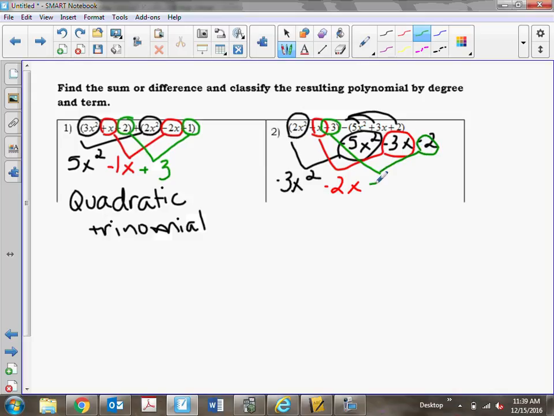And that would end up giving us a negative 5. So let's go ahead and name this polynomial that we see. It has a degree of 2 and it has 3 terms. So we would call this a quadratic trinomial.